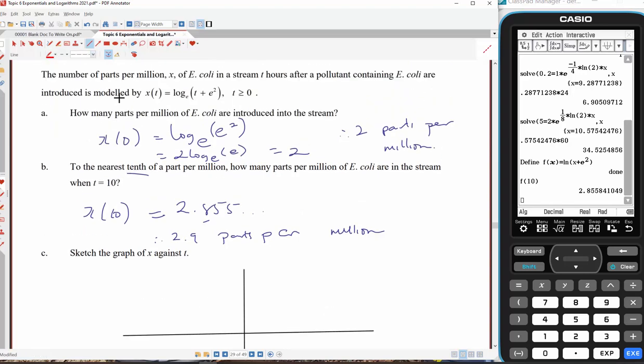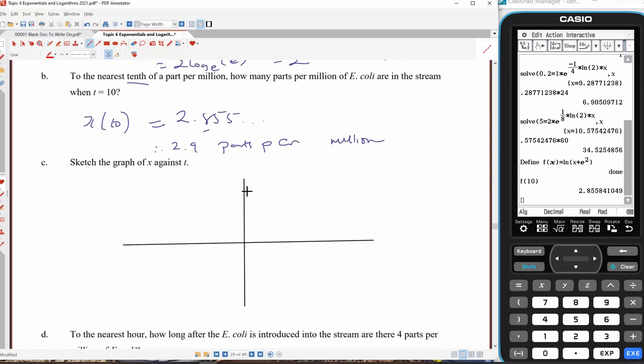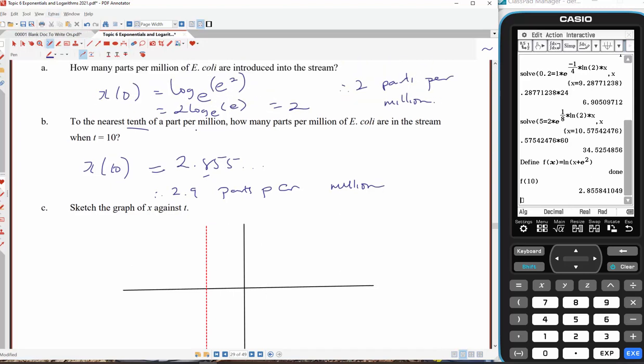So this is the standard log e function moved e to the 2 to the left. Okay, so if we're going to move it e to the 2 to the left, let's pop an asymptote in. So this is X of T versus T. And that's when T is equal to e to the 2.